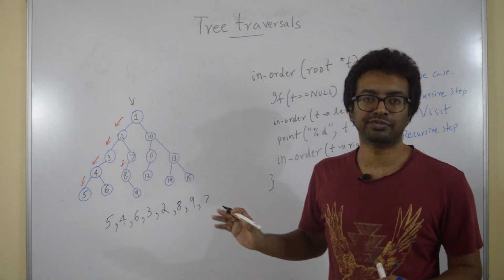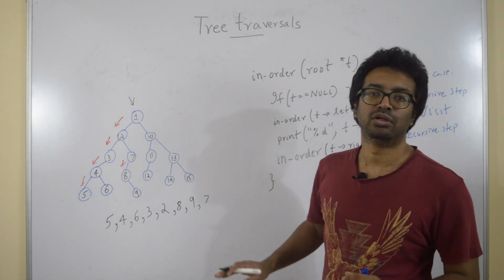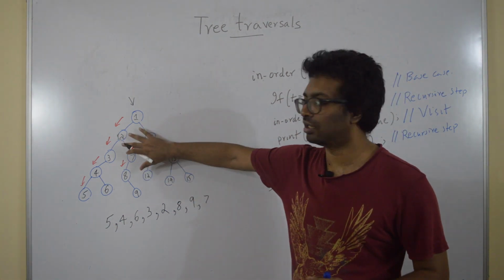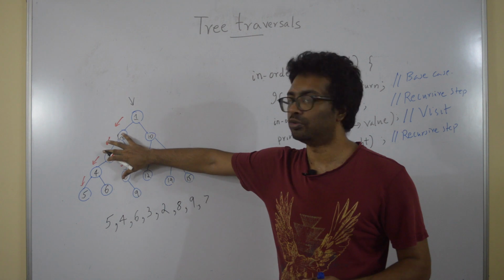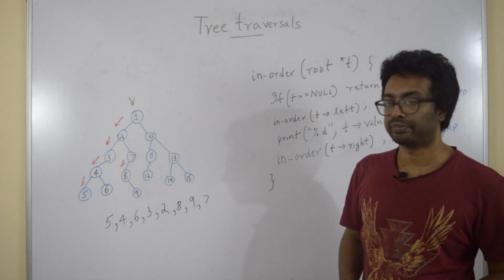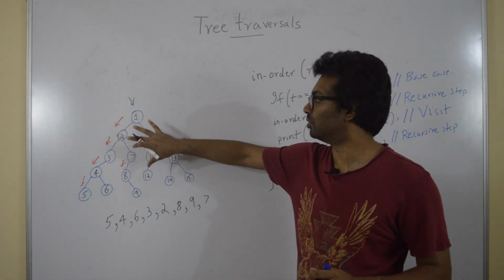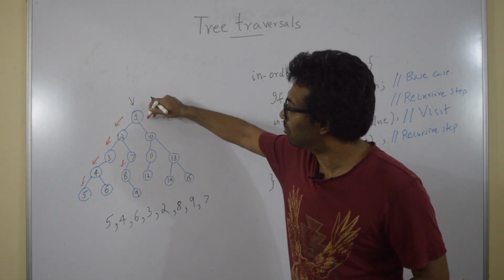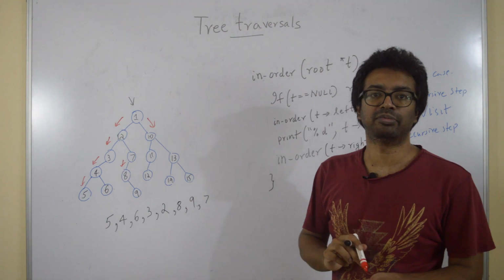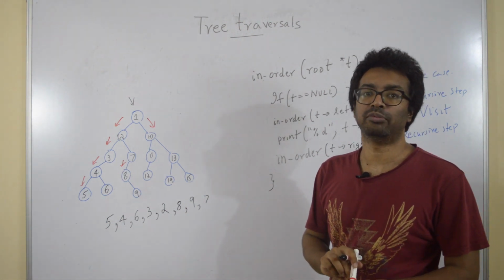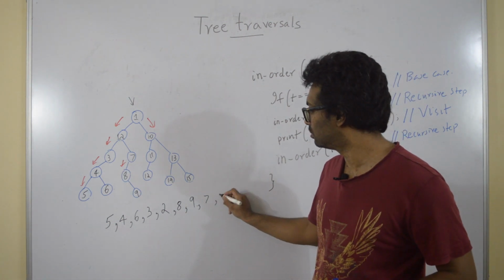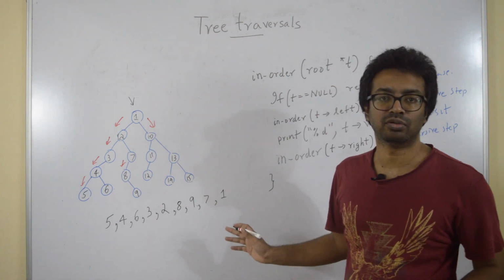You turn right of 7, there's nothing there. You go up, you have finished this entire left subtree up to 2. So you have finished the entire left subtree of 1, and before you go to the right subtree of 1, you have to print 1. So you first print 1, then you go to the right subtree.